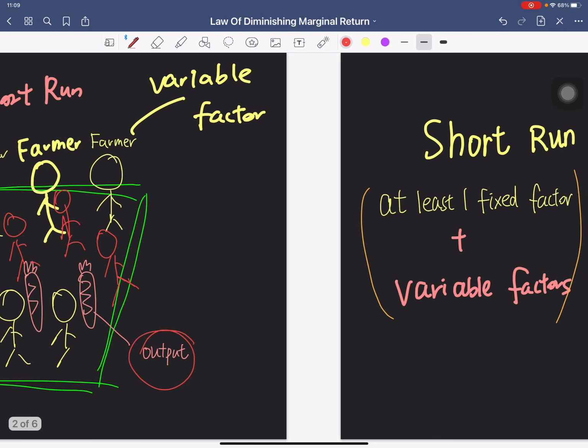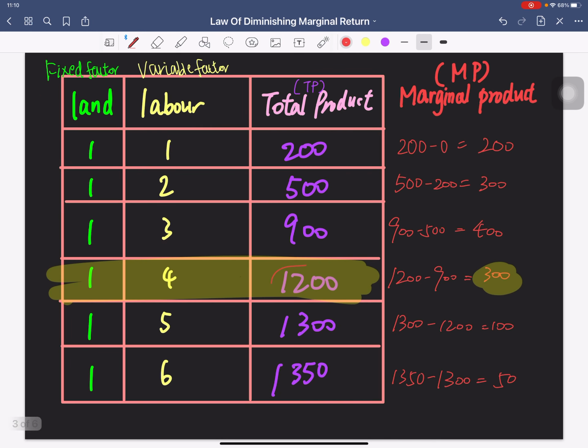Even though this farmer is helping us increase the total product, the marginal product, the overall productivity, is not going to increase that much compared to this one.